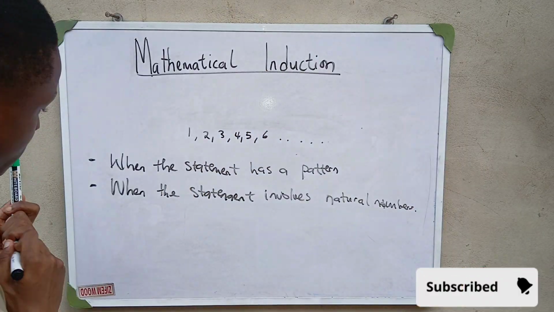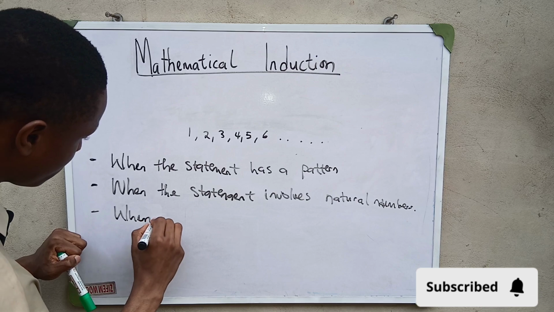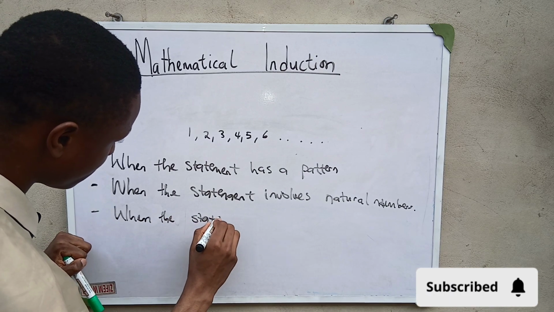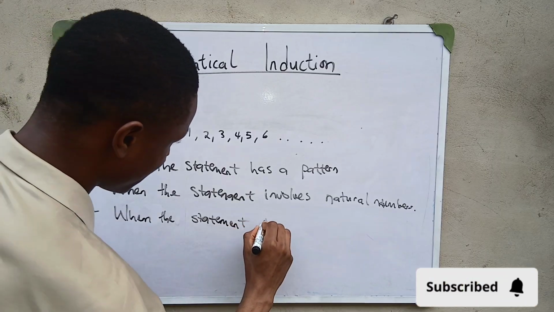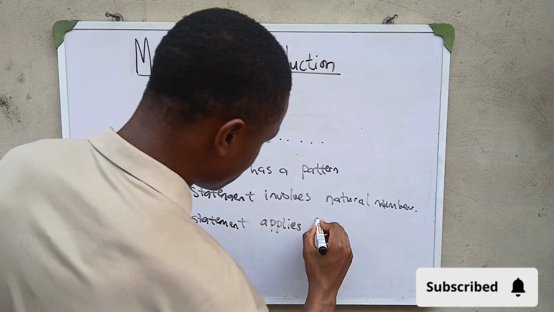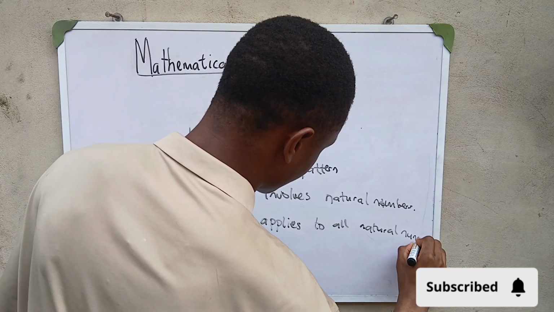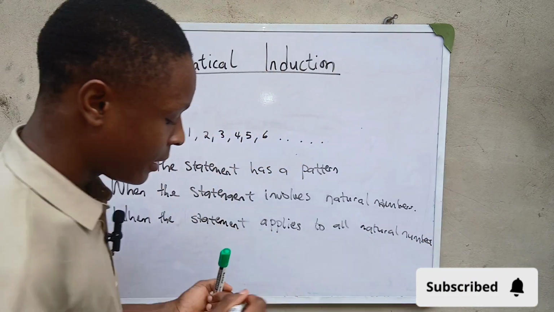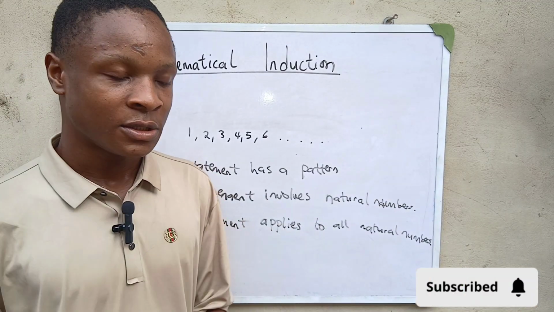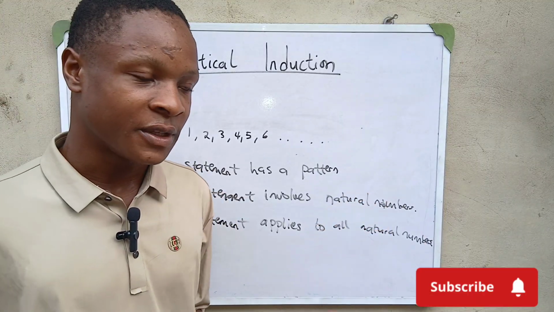We also use mathematical induction when the statement applies to all natural numbers. That means mathematical induction should work for all the natural numbers, not only one or two natural numbers. It should work for all of them.